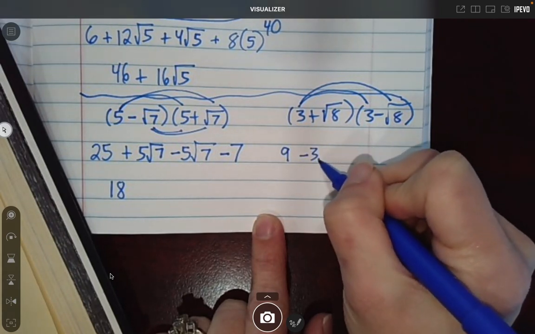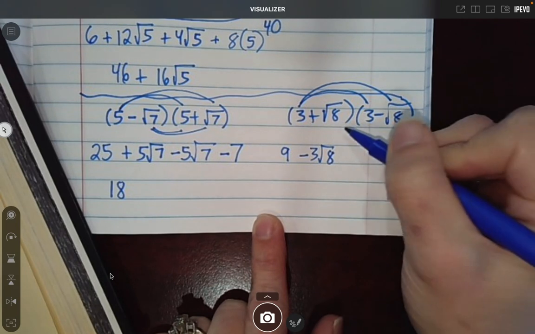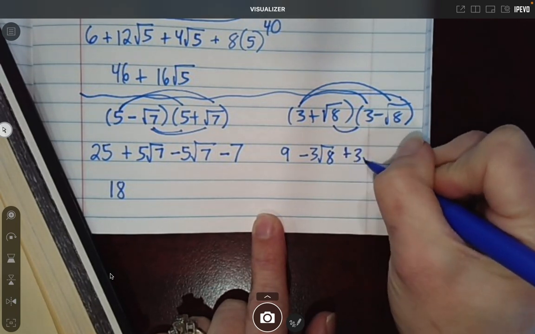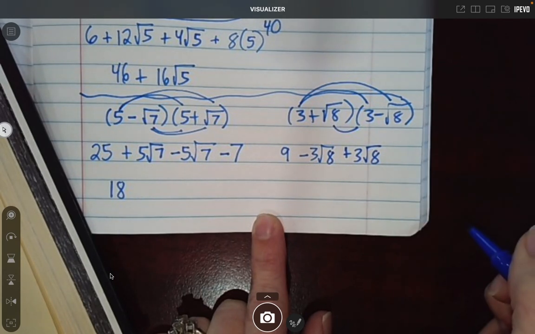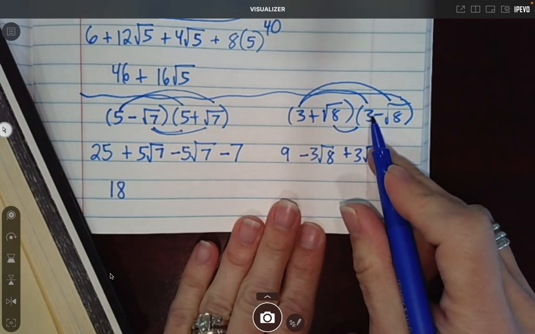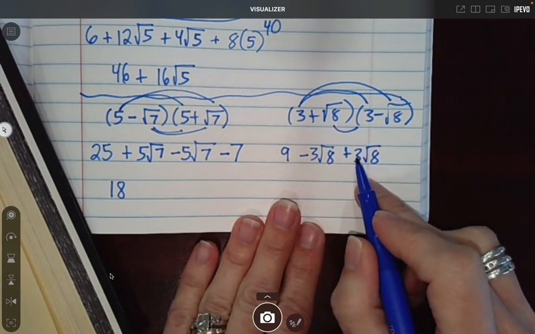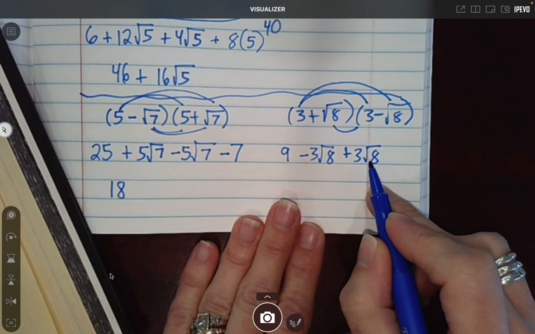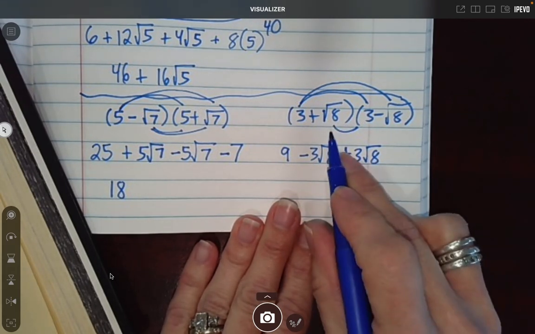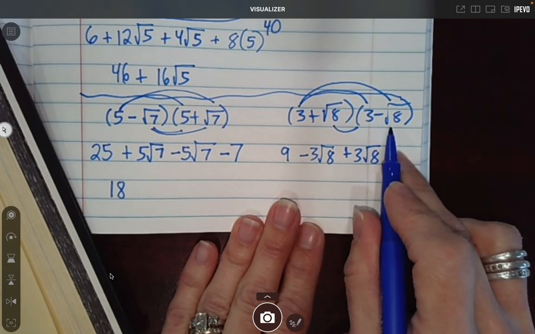Negative 3 square root of 8. Square root of 8 times 3, that one is positive 3 square root of 8. Everybody okay with that? Your number goes out front, your square root goes second. I have a 3 times the square root of 8, 3 times the square root of 8. Okay? Now, that cancels out. We knew it would. What is the square root of 8 times negative square root of 8?